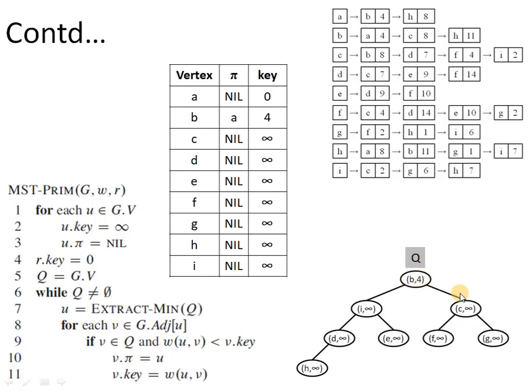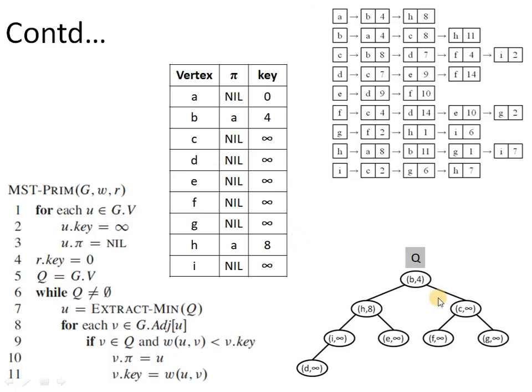So accordingly, the heap gets updated, and also the pi attribute corresponding to B is updated to vertex A. And now we have vertex H, again infinity and 8. 8 is less than infinity, so we have to update the weight corresponding to vertex H, and thus the priority queue, and the pi attribute corresponding to vertex H. So with this we have completed the execution of the adjacency list corresponding to vertex A.